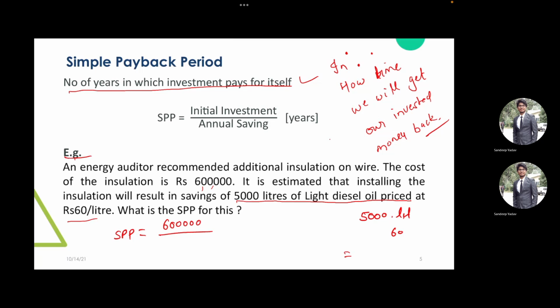So how much saving are we having in 1 year? 5,000 into 60, that is 3 lakh rupees. So the simple payback period will be 2 years.